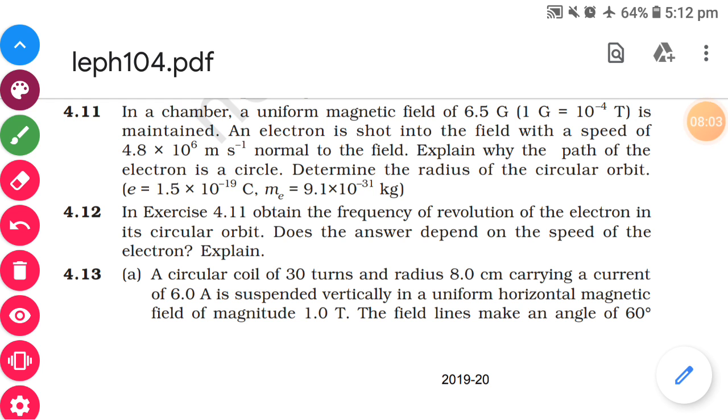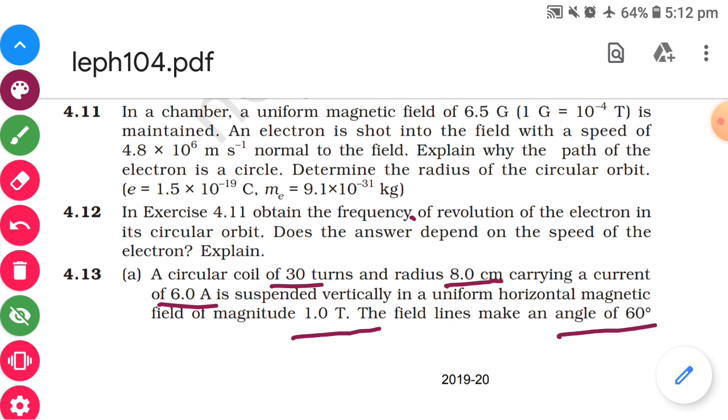Now the 13th numerical. A circular coil of 30 turns and radius 8 centimeter, carrying a current of 6 ampere, is suspended vertically in a uniform horizontal magnetic field of 1 Tesla, and the field makes an angle of 60 degrees.